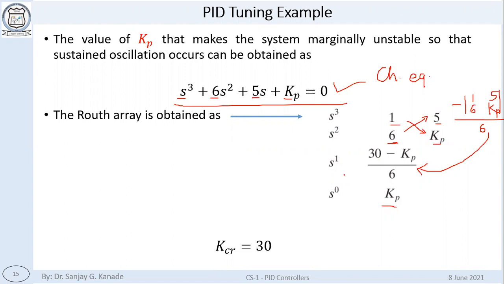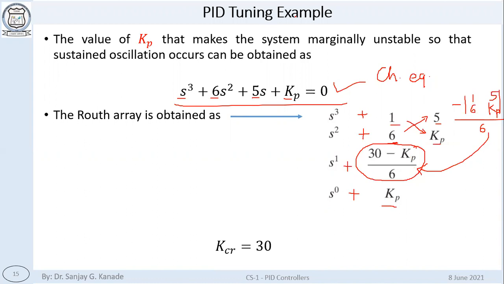So when will the system become marginally stable? You remember that, right? The system will become marginally stable when this particular value is 0, right? Why so? Because at a certain range of values, see here, this is positive, this is positive, this has to be positive for the system to be stable, right?